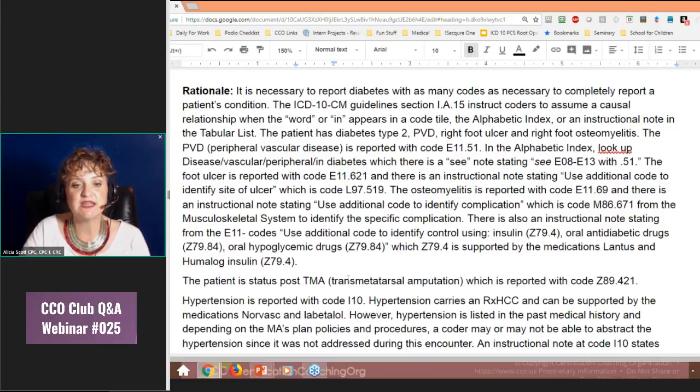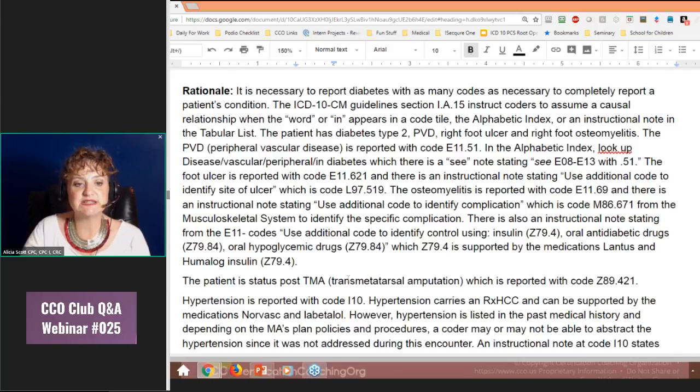So that's done. Not only do we now have long-term insulin use, we also have long-term oral glucose medication, so there's an additional code for that. That's a Z79 code. Pay attention to that. That's a relatively new thing as well.